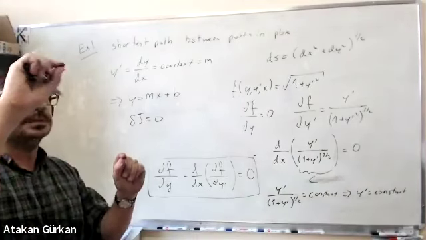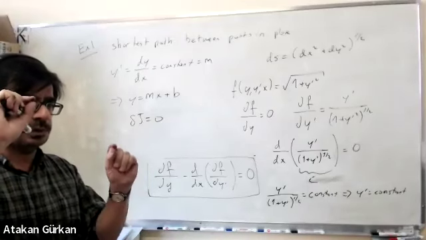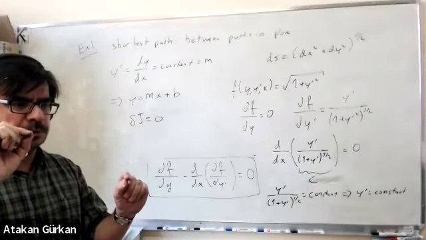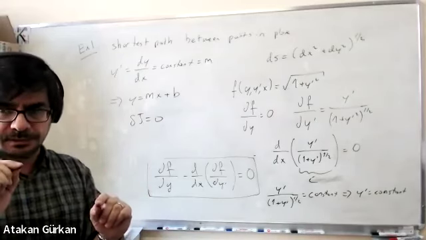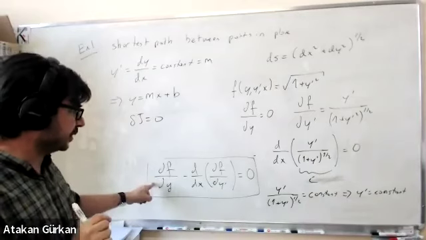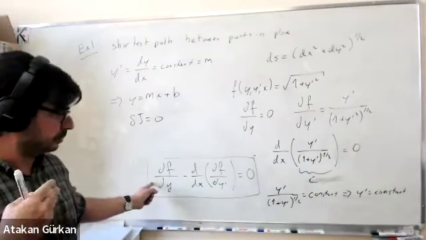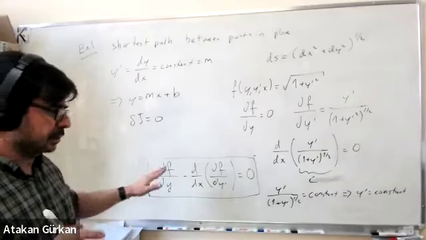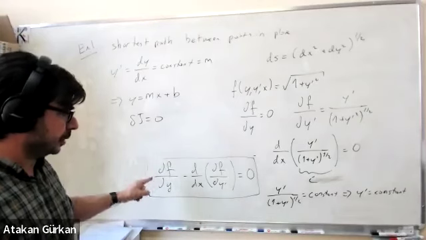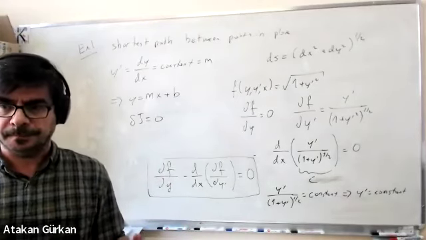When we draw a path between 2 points, and the endpoints are fixed, and we're looking for a stationary value of this integral, it requires that the path satisfy this equation. This is just a one-dimensional function. Now, this is just a Lagrange equation. It's not action. It's not anything.